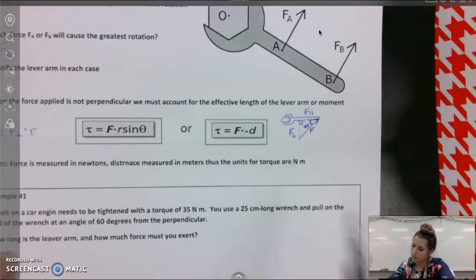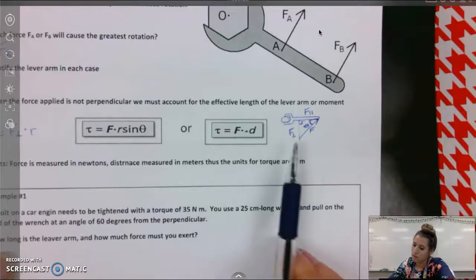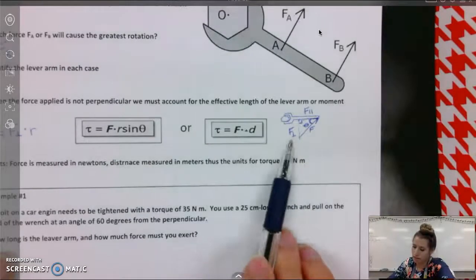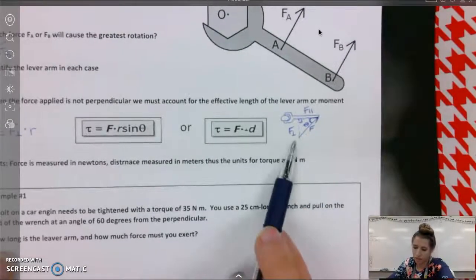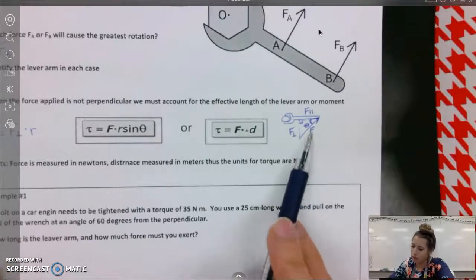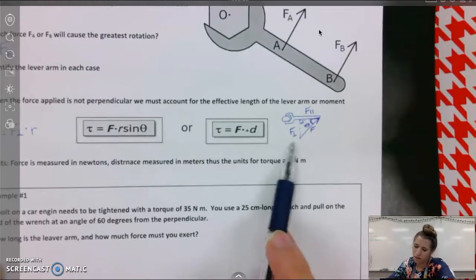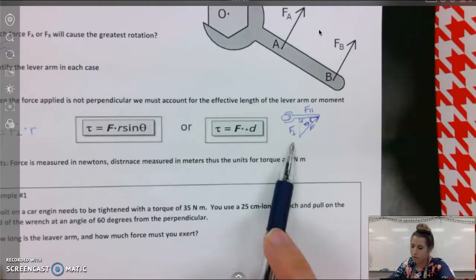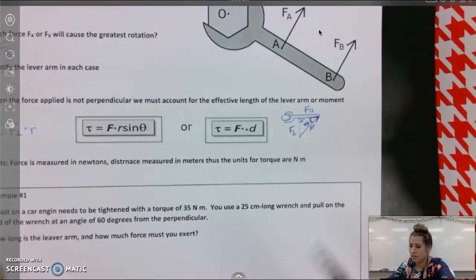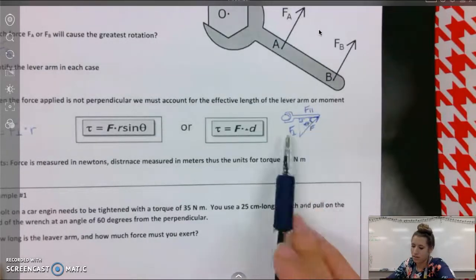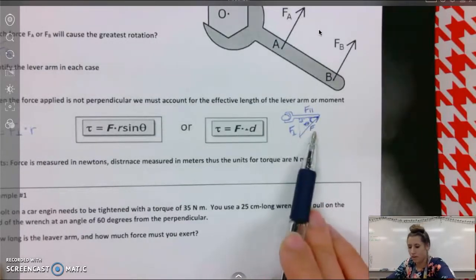Okay? So, what is force parallel? Sorry, perpendicular then. If I know the amount of force I'm pushing and I know the angle that I'm pushing at, how can I solve for this? Well, we know that sine of theta is equal to opposite over hypotenuse.